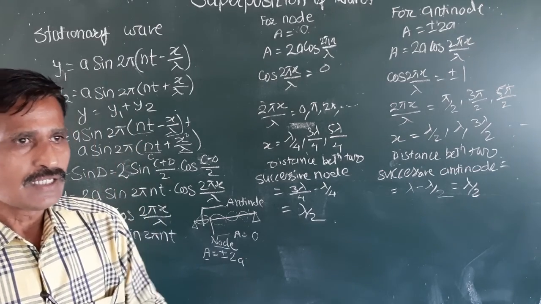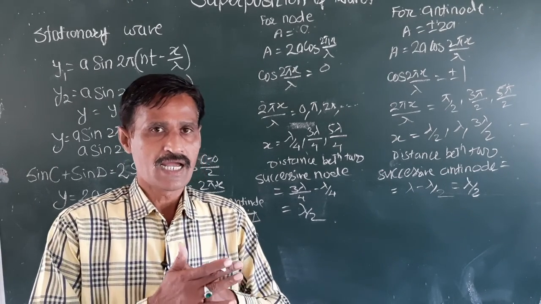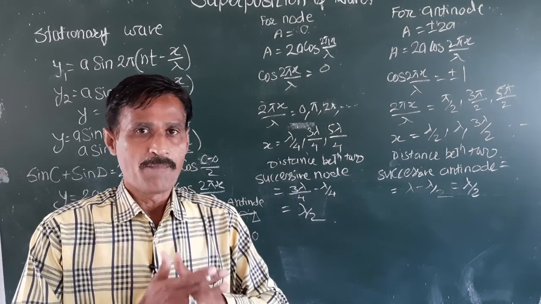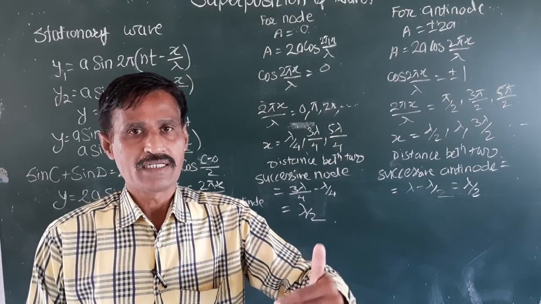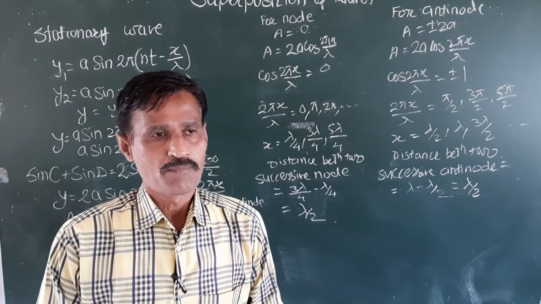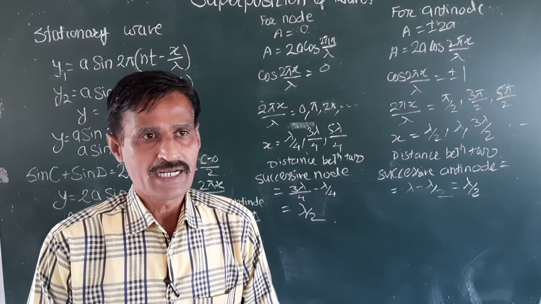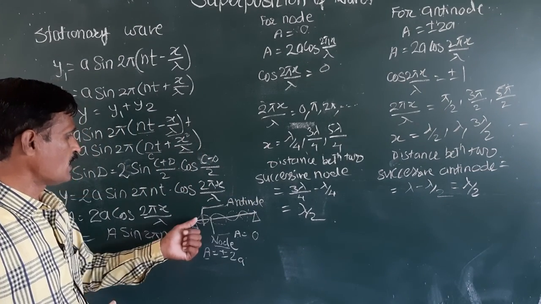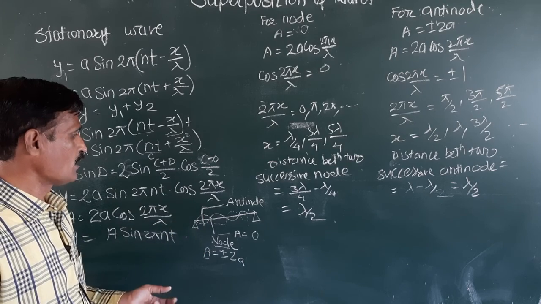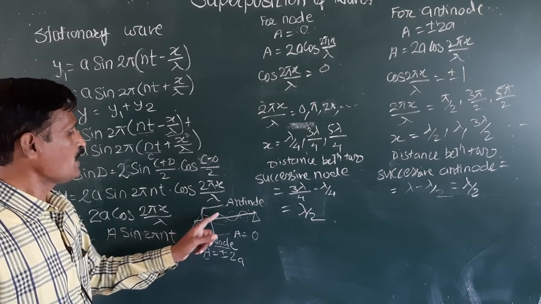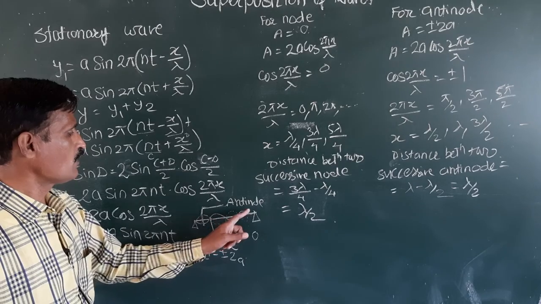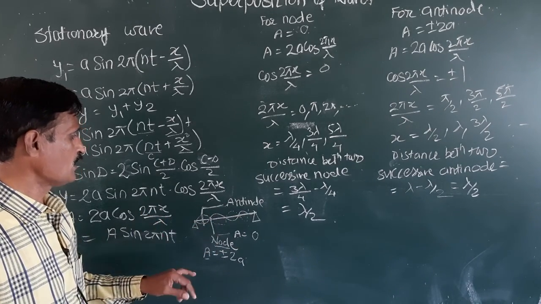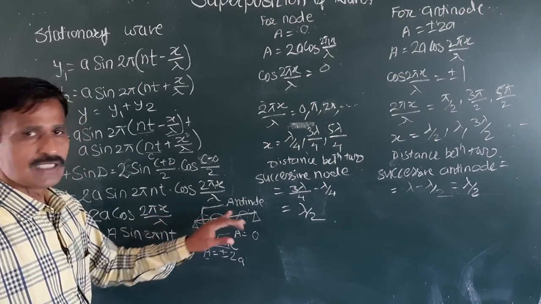Now, in this case, the amplitude is varying periodically in space, that is, from particle to particle the amplitude is different, but at every point on the string the frequency remains the same.